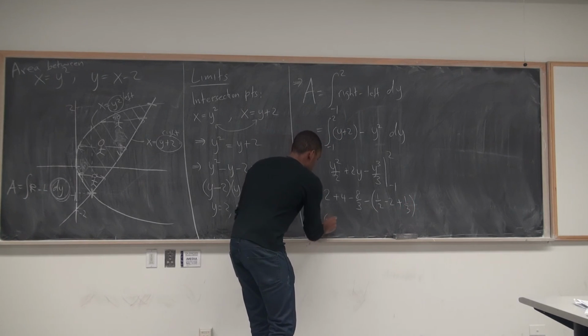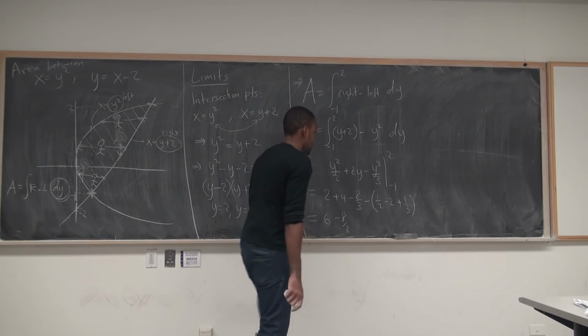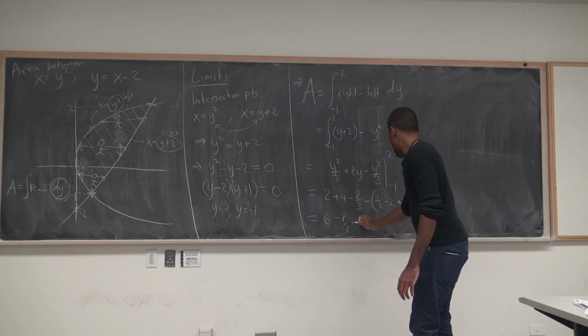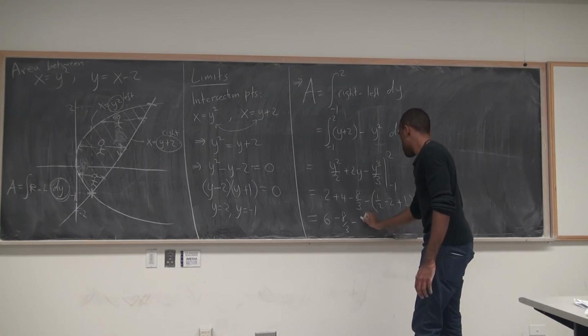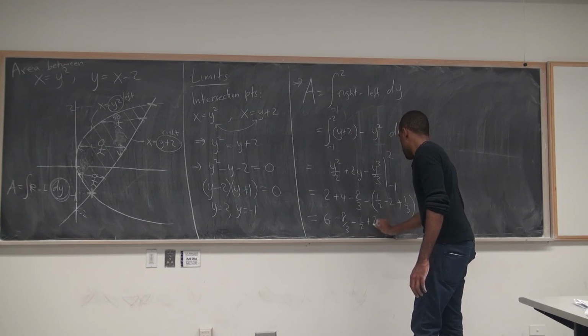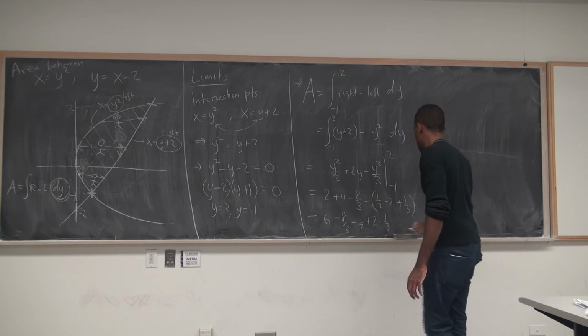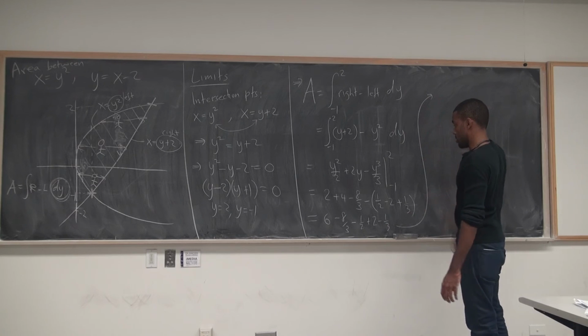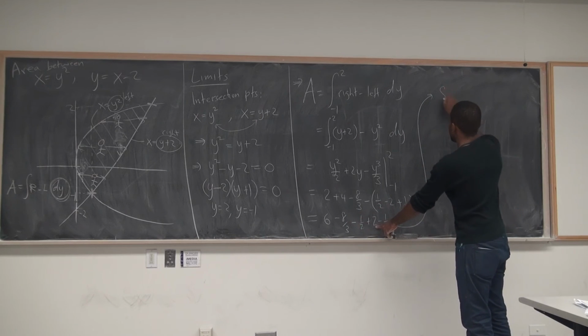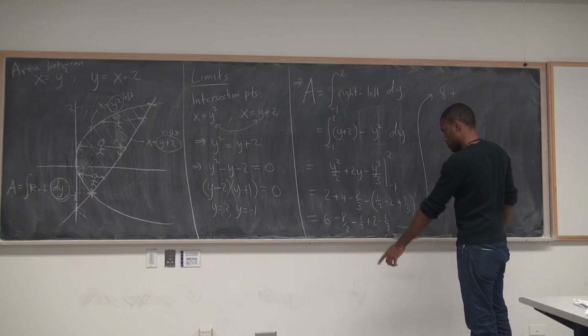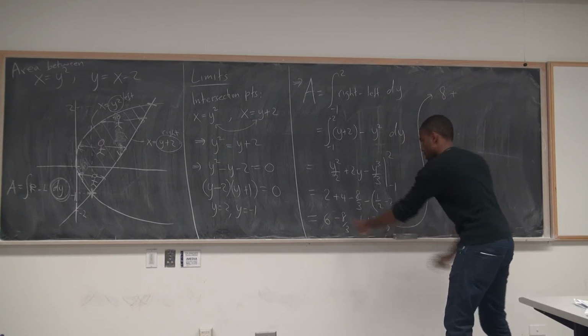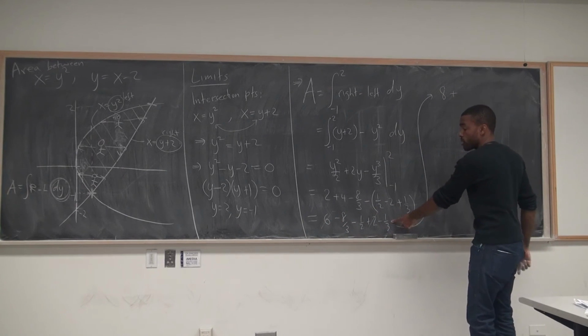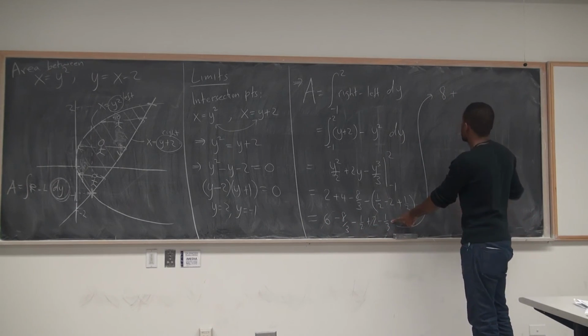So that's 6 minus 8 over 3 minus a half plus 2 minus a third. 6 plus 2 is 8. Minus 8 over 3 minus 1 over 3 is minus 9 over 3, which is minus 3.